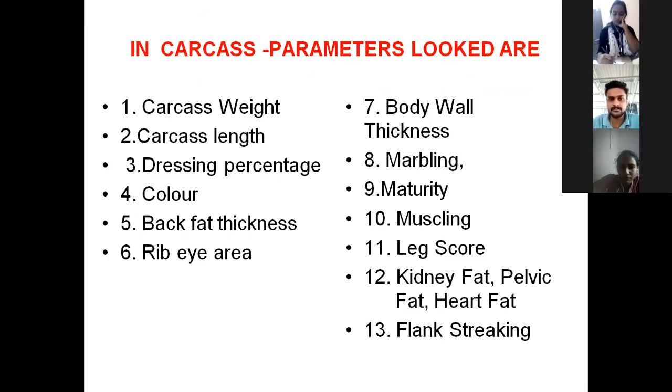In the case of carcass grading, the carcass weight is one parameter, carcass length is the next, dressing percentage, color of the meat, back fat thickness, rib eye area, body wall thickness, which we basically see in the case of goat, then marbling, maturity, muscling, leg score, then the fat, that is kidney fat, pelvic fat, and heart fat, and the planus striatum. We'll be seeing all this in detail in the coming slides.